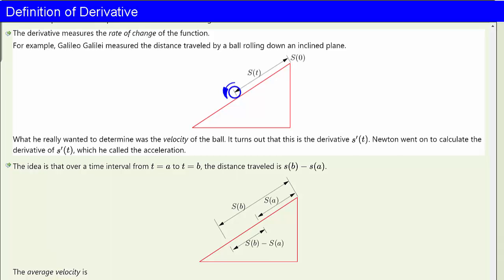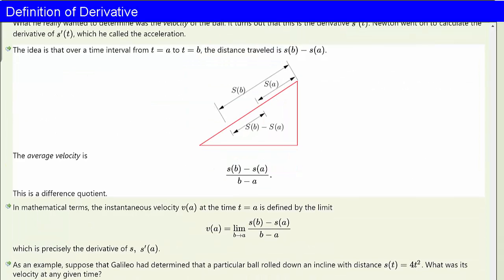What he really wanted to determine was the velocity of the ball as a function of time. It turns out that the velocity is the derivative s prime of t of the distance function, and it took the genius of Newton and Leibniz to independently discover this. And of course Newton went on to calculate the derivative of s prime of t, which he called the acceleration.